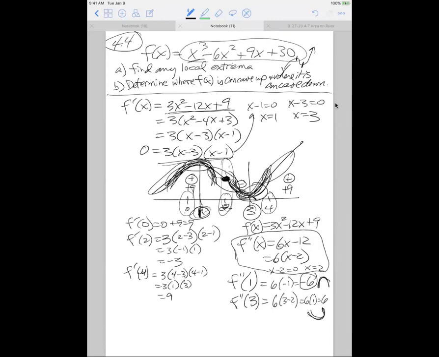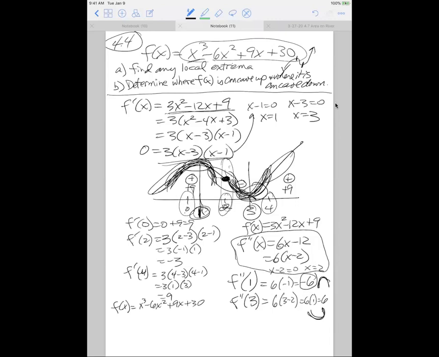So, in the notation now, find any local extrema. The extrema are occurring at x equals 1. So we plug 1 into the original function, f of x, x cubed minus 6x squared plus 9x plus 30.